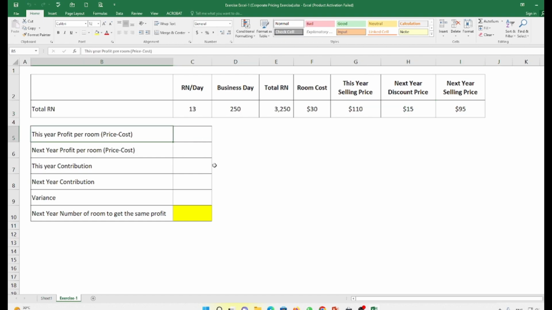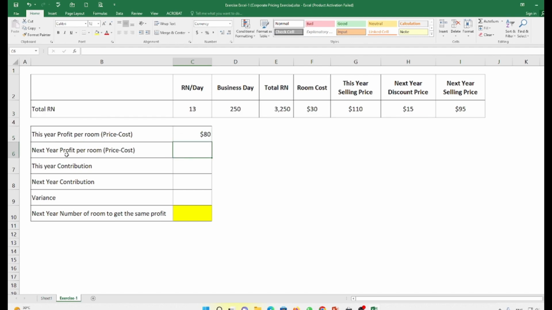First of all, let's talk about this year's profit per room. In order to calculate profit per room, we need to take the selling price minus cost. What is our selling price for this year? This year our selling price is 110. So we minus the room cost, $30. So this year's profit per room is $80.